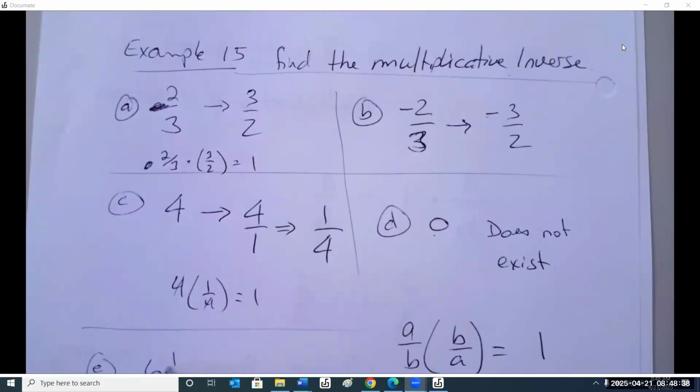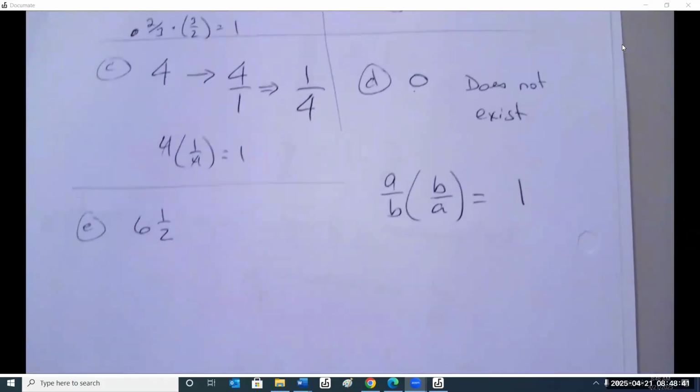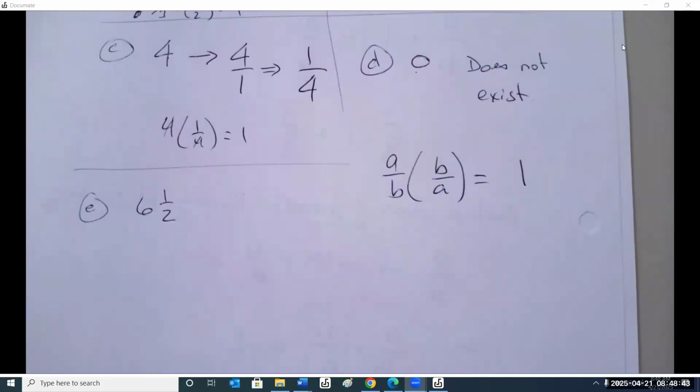How about 6 and 1/2? What would you do first? Yes, you were correct, but where did 13 come from? You have to look at what's going on here.